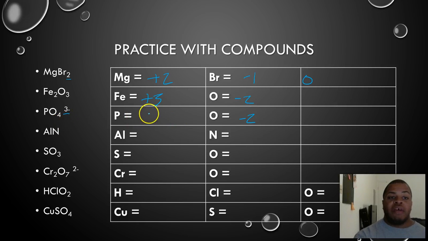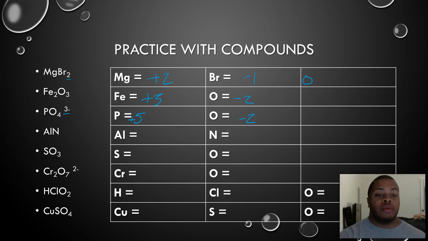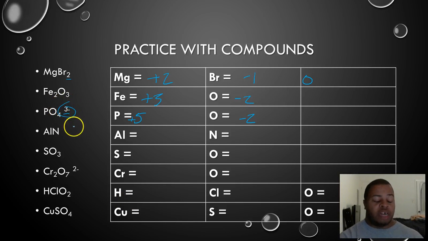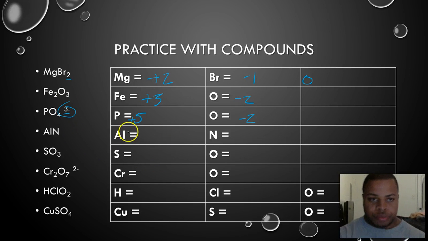I need to have 3 electrons left, so that means my phosphorus has to have an oxidation state of +5. Under normal circumstances, we would think it would be negative, but I want you to keep in mind that we're looking at how we get this charge on the ion.